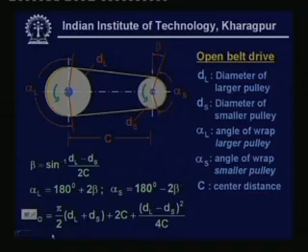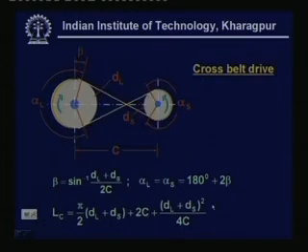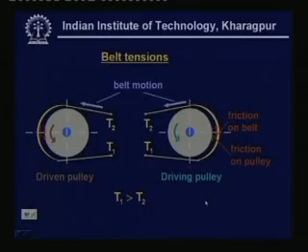Now, it is important in this case to know what the belt tensions are. One has to know that these belt drives primarily run on the friction principle, means the friction between the belt and the pulley is responsible for transmitting power from one pulley to the other pulley.